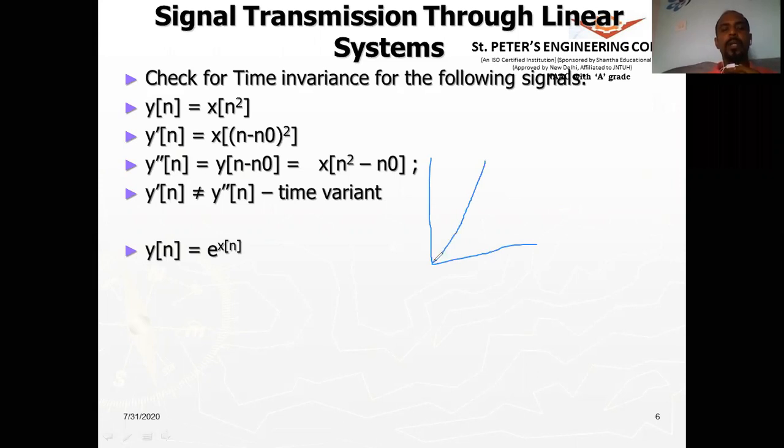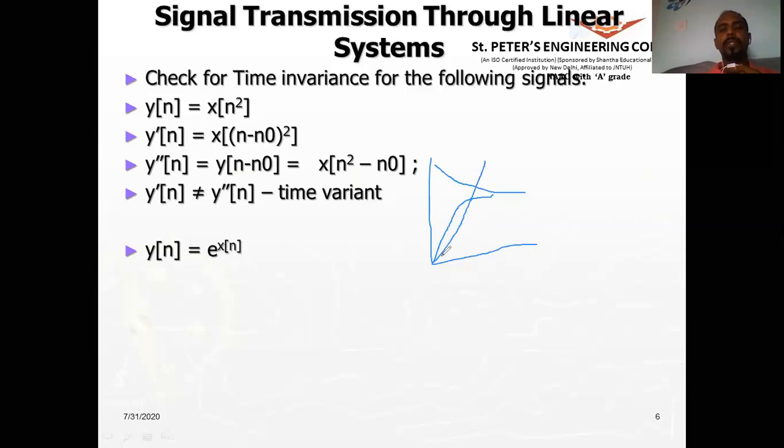What do you mean by non-linear? For example, exponential, exponentially decaying or exponentially growing. These are all exponential. It's not one-to-one. If I move by one step here, it is moving by many steps here, right? So therefore, it is not a one-to-one correspondence. So this is the non-linear.